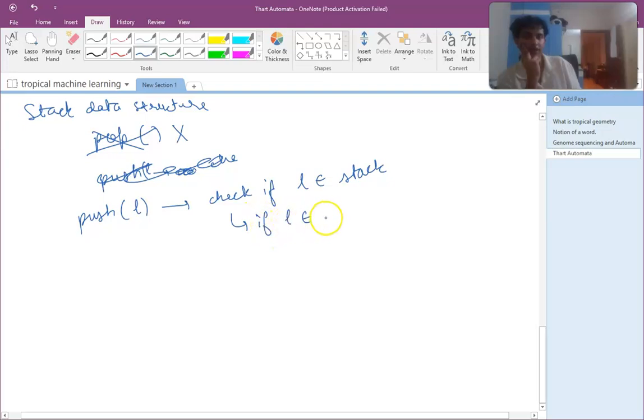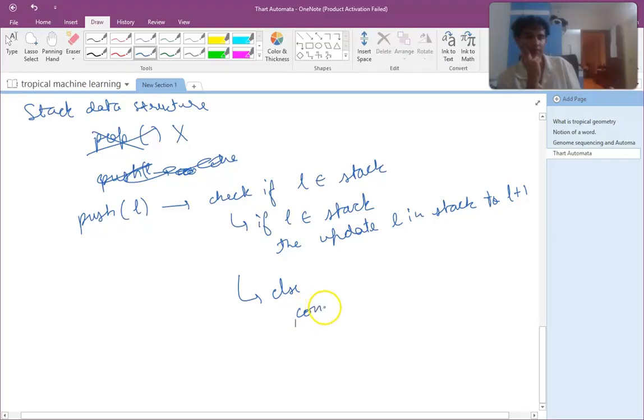If L belongs to the stack, then update L in stack to L++. Else, concat L to stack. Okay.